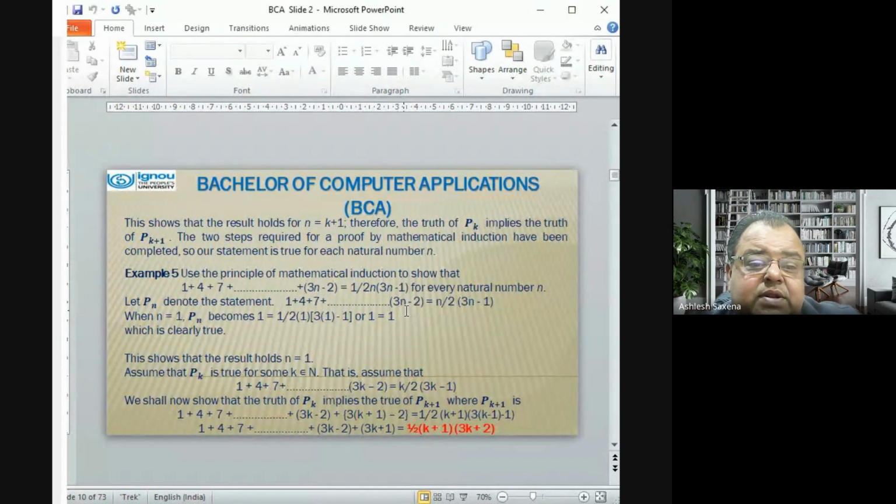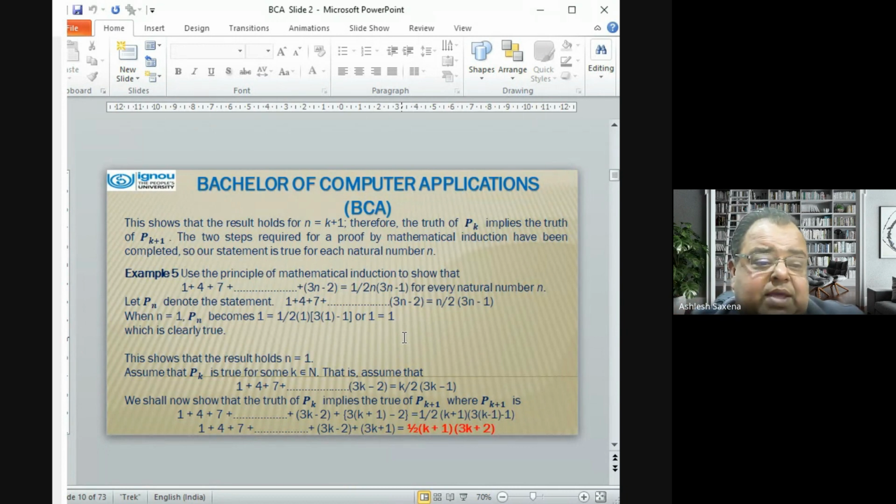Replace n by 1. When you replace n by 1, the left side will become 1. On the right, 1 by 2 into 1 into 3n minus 1, after solving, you will get 1. That means on the left hand side you have 1, and on the right hand side you have 1. That means P1 is true.